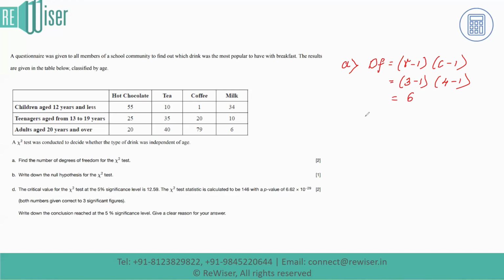For part B, we need to write down the null hypothesis and an alternate hypothesis. We are checking whether drink is independent of age or not, so my null hypothesis would be that drink is independent of age.